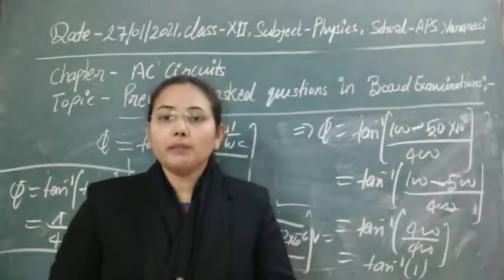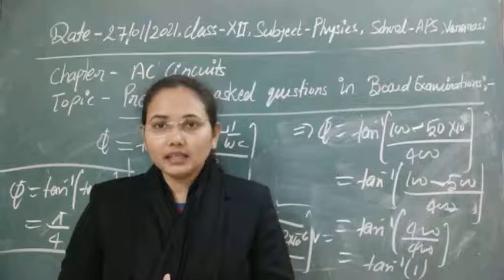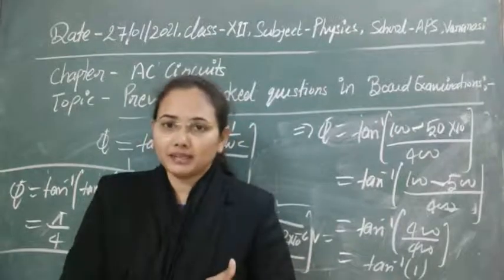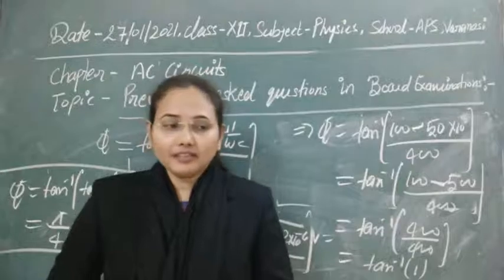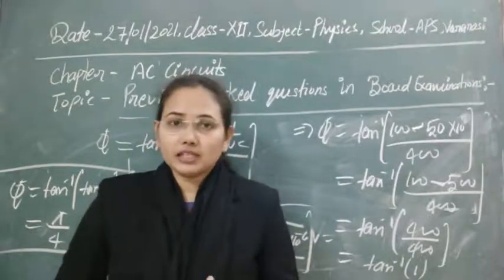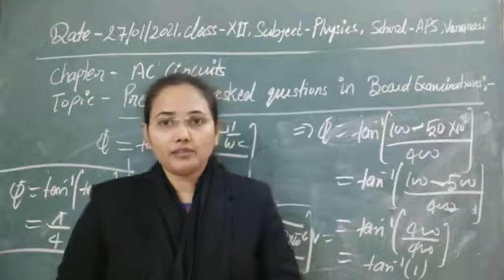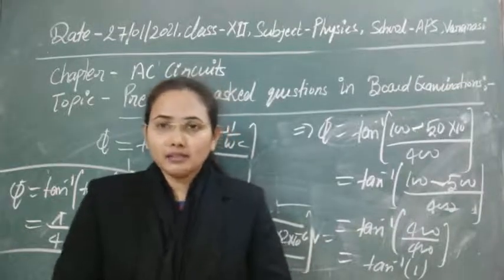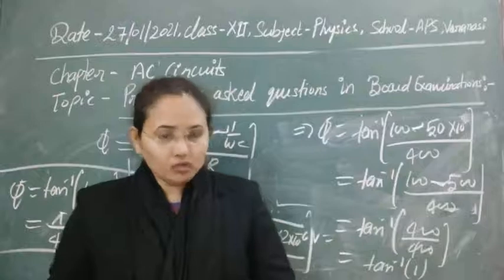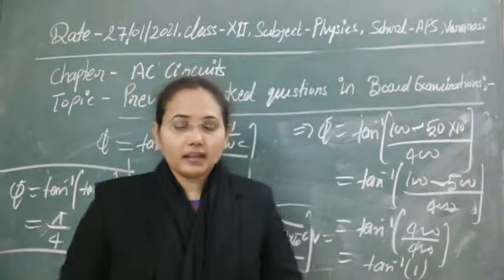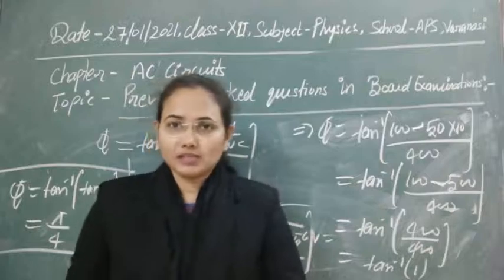These questions are very important, and we have discussed the numerical problems that are asked. And after that we have a number of circuits like LCR, the most important circuit that you have to study, because so many questions have been asked on the LCR circuit. So those questions we will discuss later also.